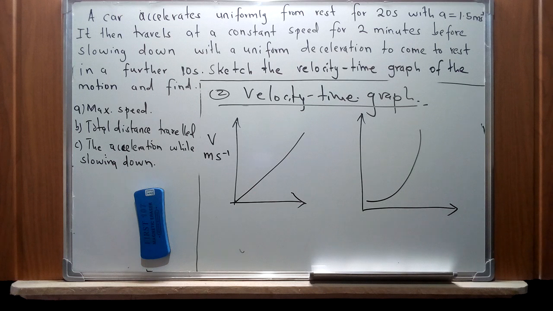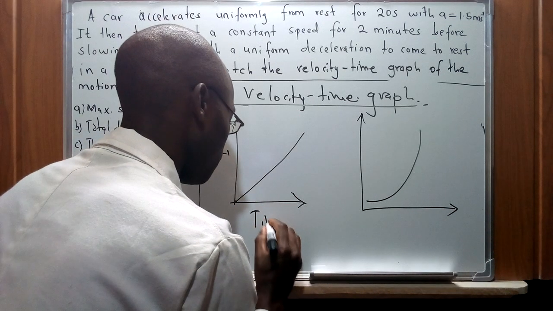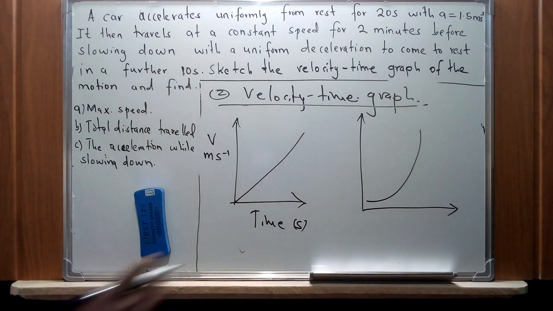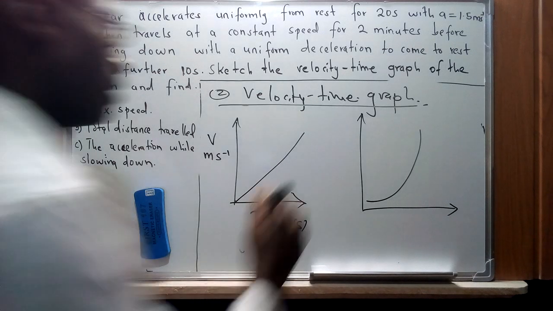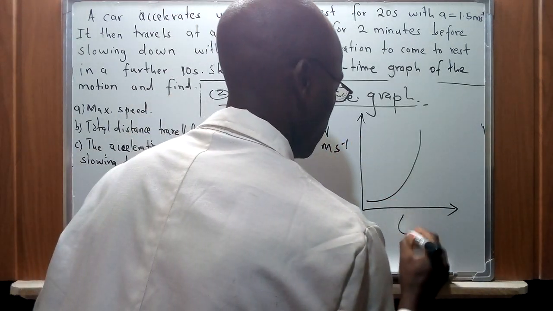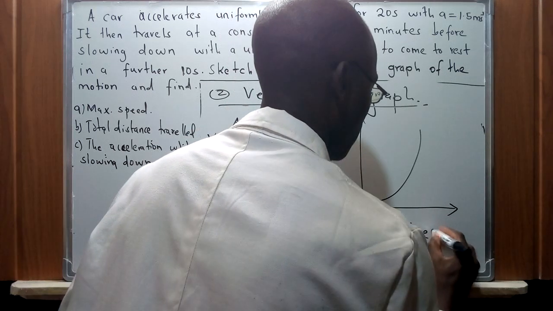So we will always be keen on the derived units we are using for each aspect. Time is in seconds, and velocity is in meters per second.